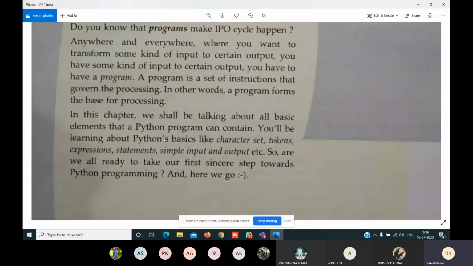So you know all these things before writing a sentence in a language. Here you will also learn about Python's basics, like character set, tokens, expressions, statements, input, output. Then we are ready to take our first sincere step towards Python programming.